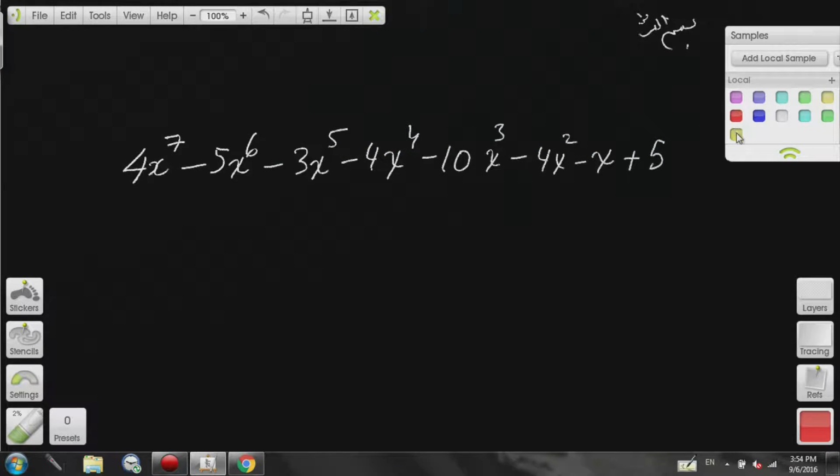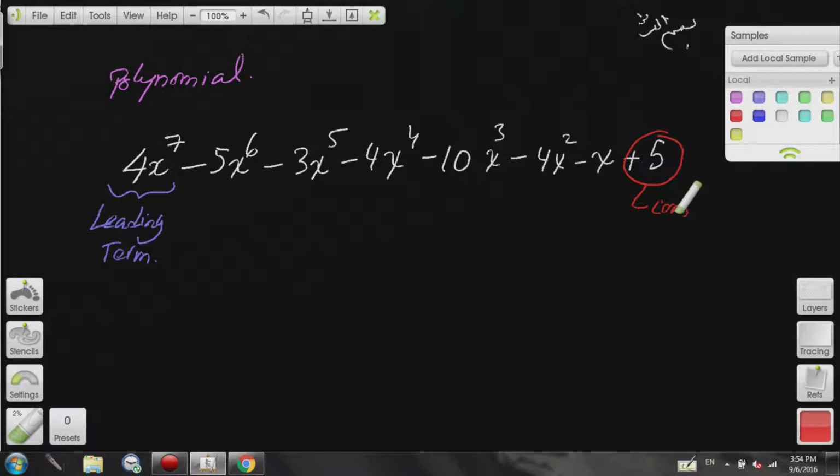Now, look, this is a polynomial. It has multiple terms. Each of these individually, that's called a term, correct? So this one here is the leading term, the first leading term. And the last one, that's the number by itself, there's no variable with it. That's the constant term. And this leading term has a coefficient here.